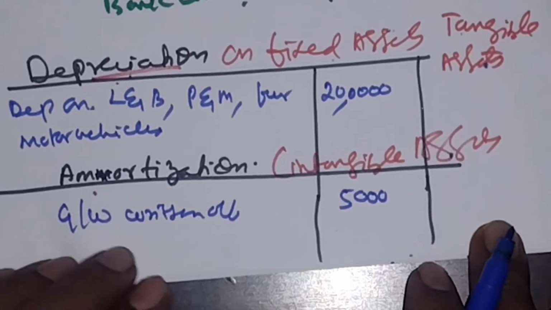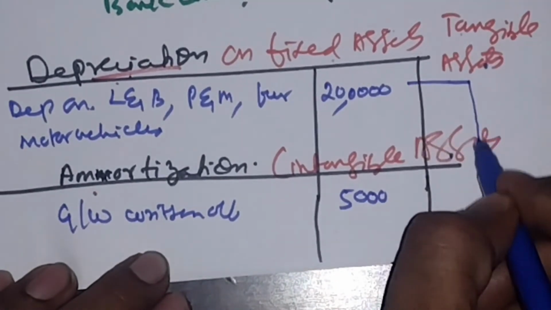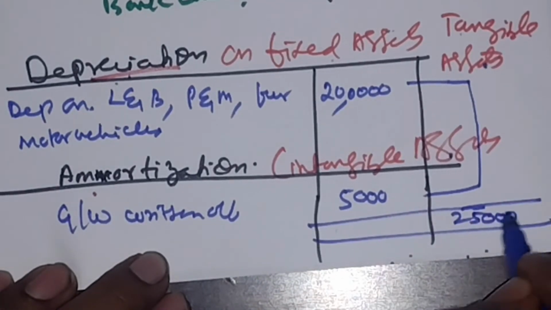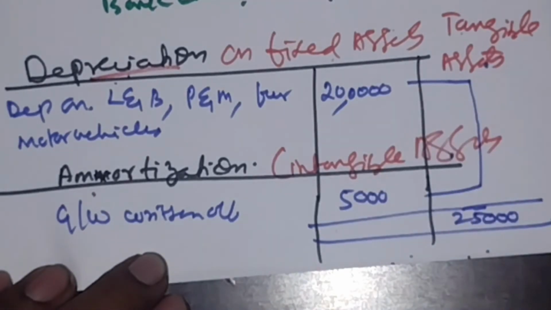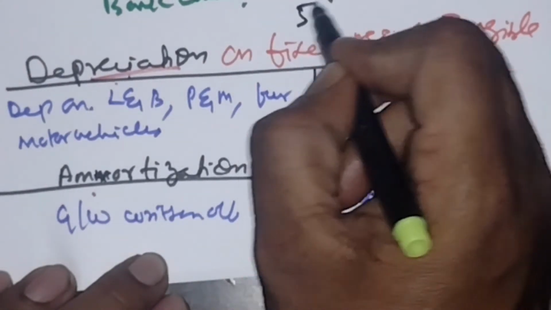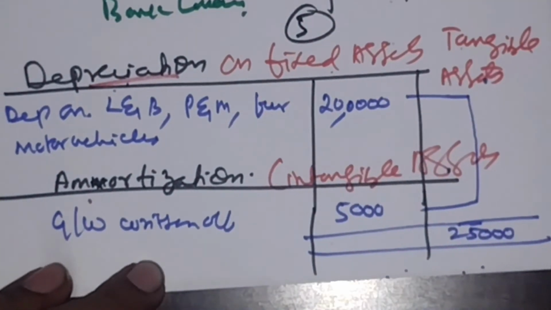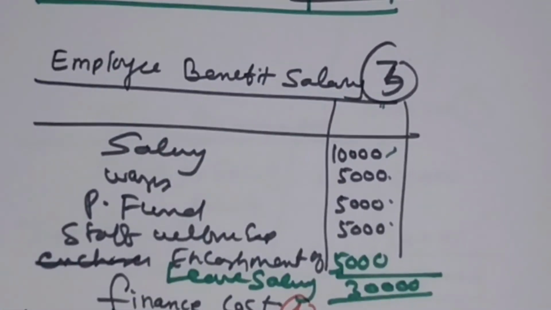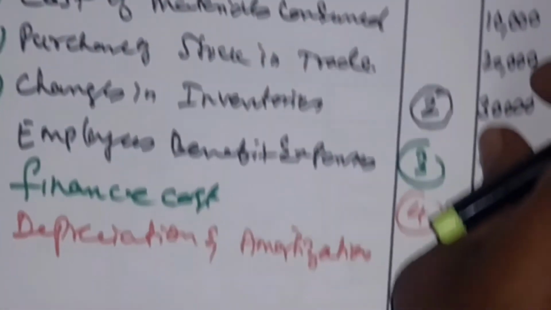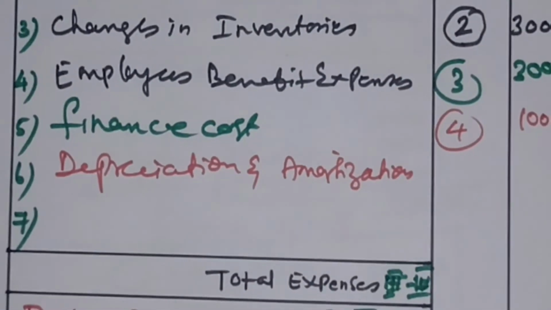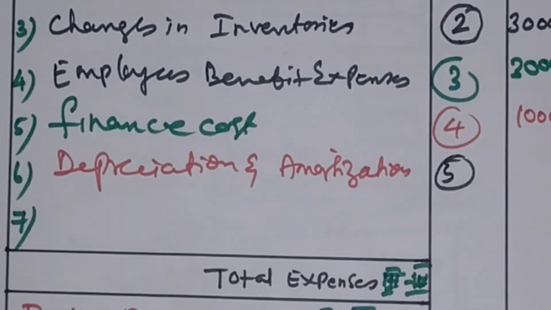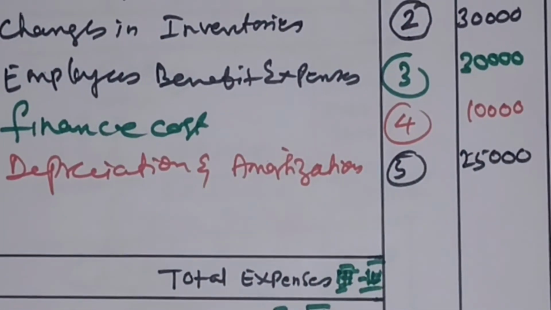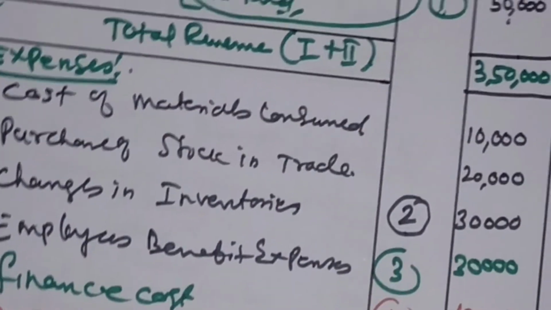So 20,000 plus 5,000, you get a total of 25,000. Put together I'll give note number 5. Let me write it into depreciation and amortization, note number 5, 25,000. I hope you can understand that.